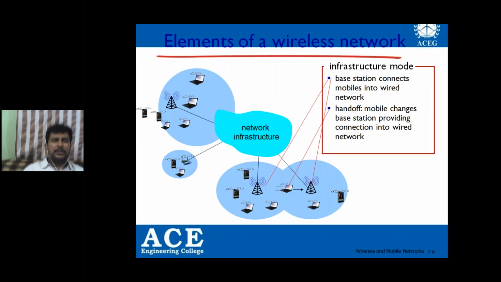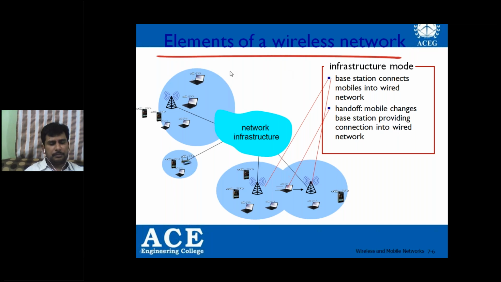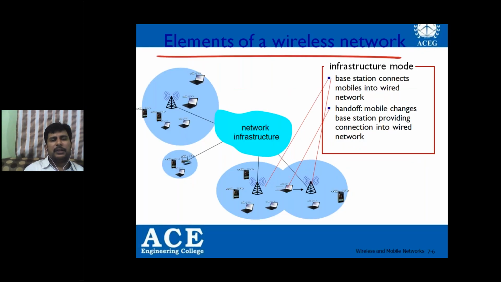The first thing which we need to understand in elements is that here you could find two types of networks. In the first circle you find a base station which is trying to connect different wireless hosts to the wireless link, right?